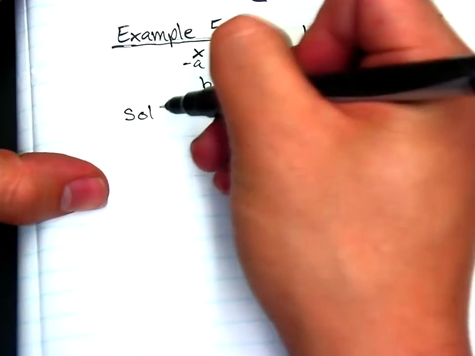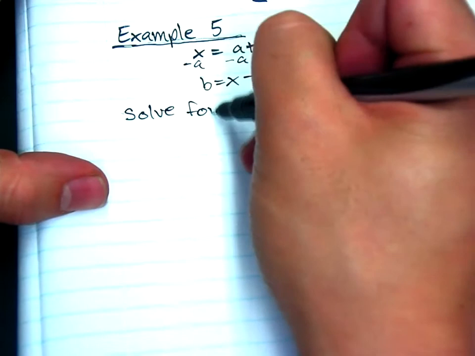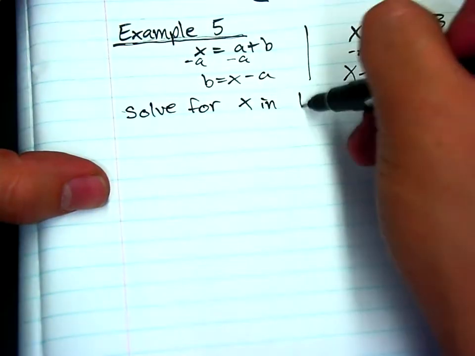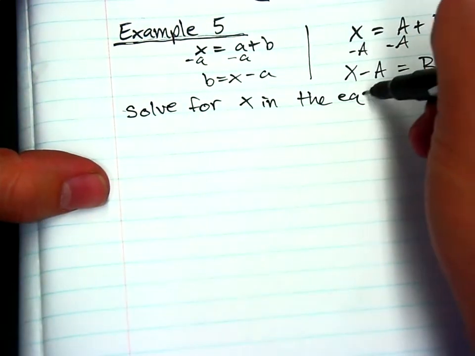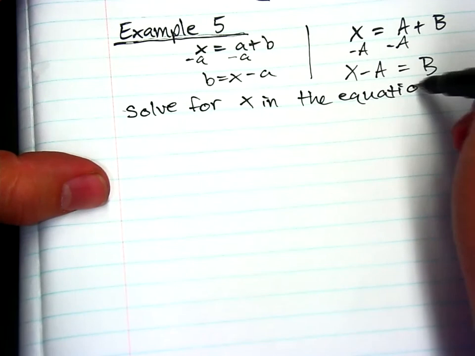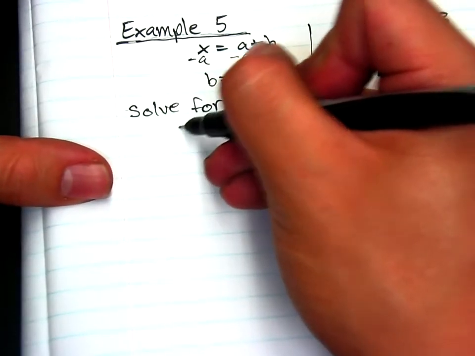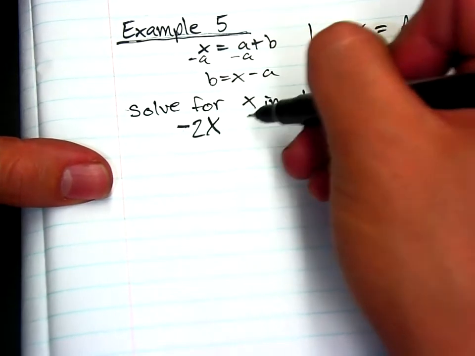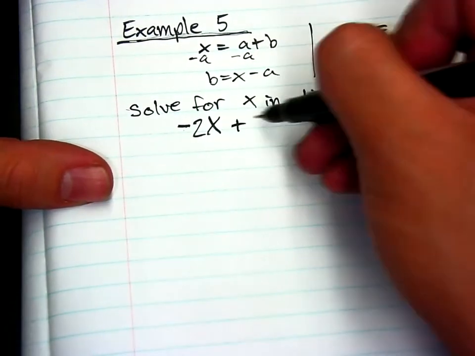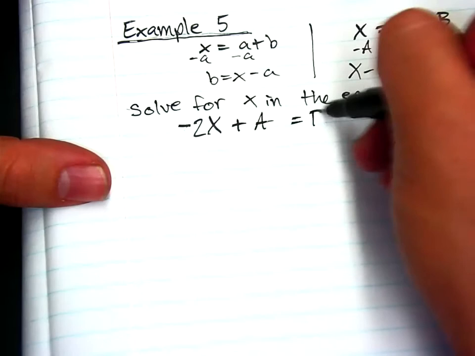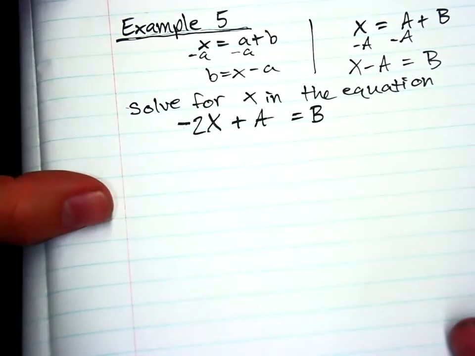So let's go ahead and solve for X in the equation. And our equation will have, I'm going to keep things small again, negative 2X plus A equals B. Okay?